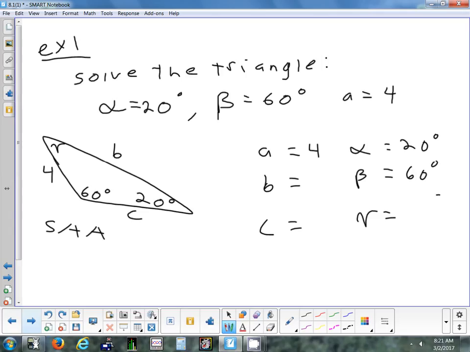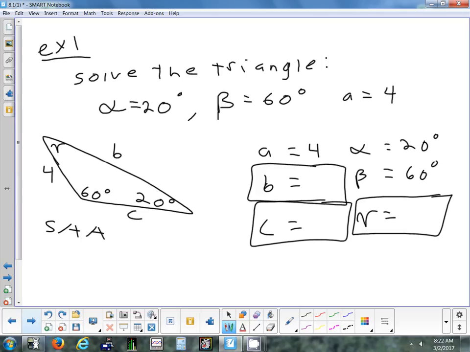And put a box on everything you need to find. By looking at the table, if you have a row with everything in it, that's another way to tell it's a law of sines problem. So I have a row here with everything in it, so that means it's law of sines.